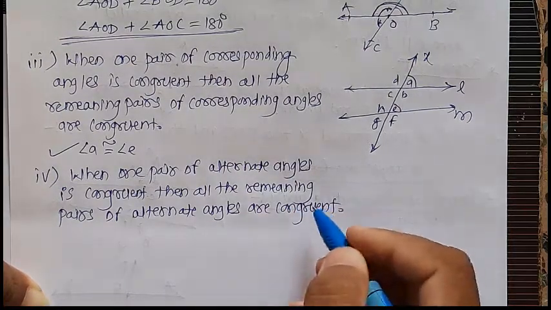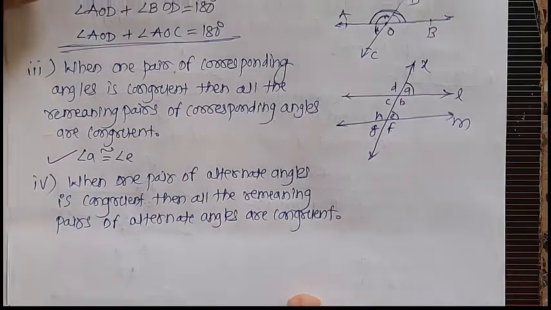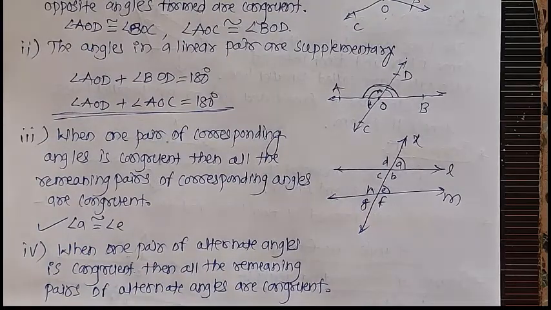We use the figure like this. In this figure there are two types of pairs of alternate angles: two interior and two exterior pairs.